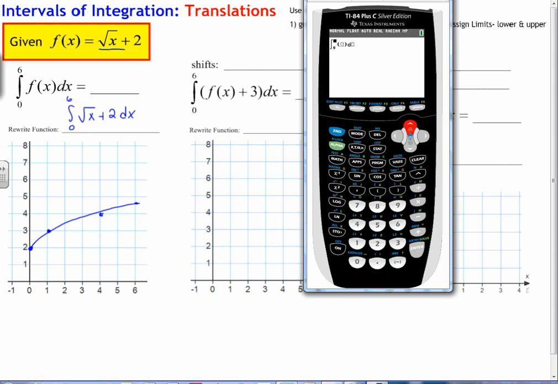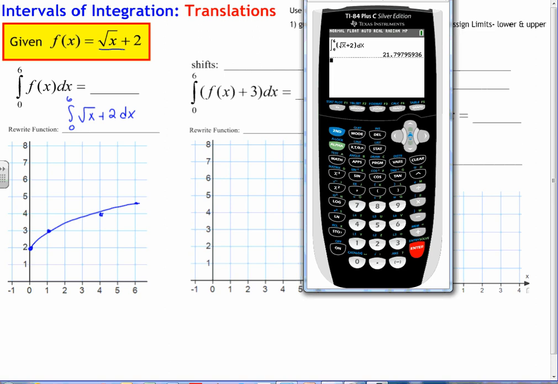So 0 to 6, I put my function in here, which was the square root of x, plus 2. And now I have to tell it what variable I'm working with, so with respect to x, my differential at the end is dx.